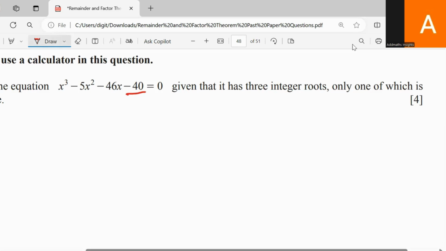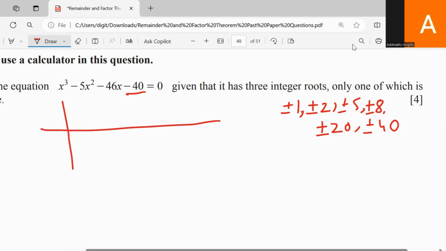So it can be plus or minus 1, plus or minus 2 because 2 is also a factor, or 5, 8, 20, or 40. So these are possible factors, and you will try with these numbers. Because only one of them is positive, we try with minus 1 first.